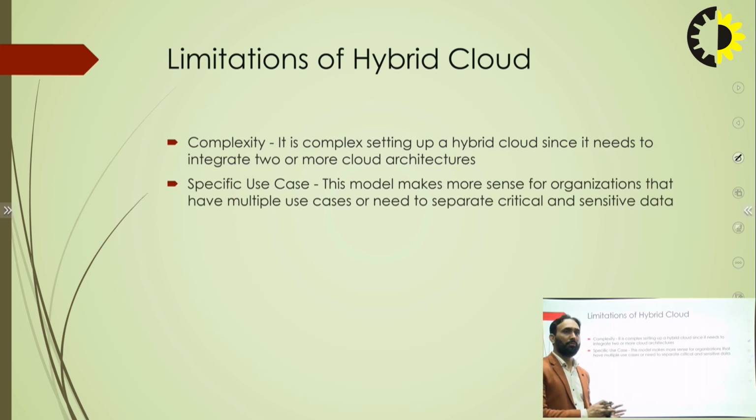So switching from one cloud model to another may increase the complexity as compared to the other models. And second one is specific use case. So these are the limitations of a hybrid model, but mostly organizations are using this model because it is best suited according to the requirements of their connected users.